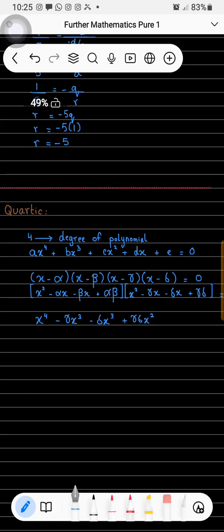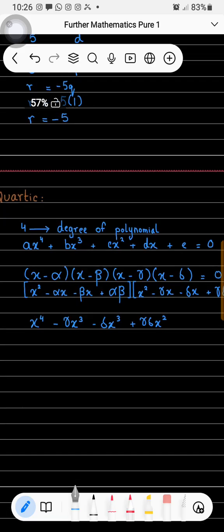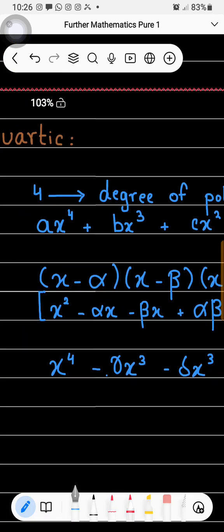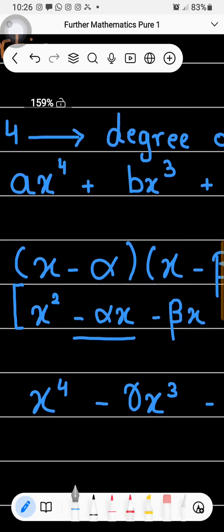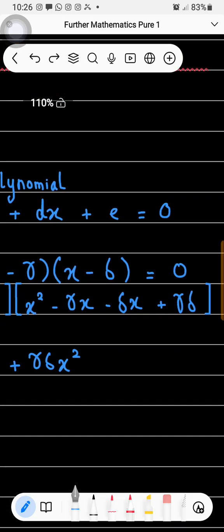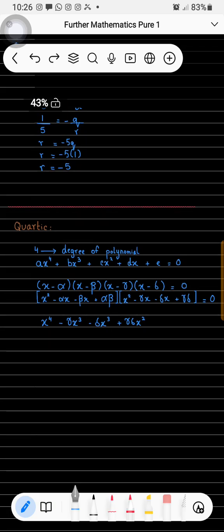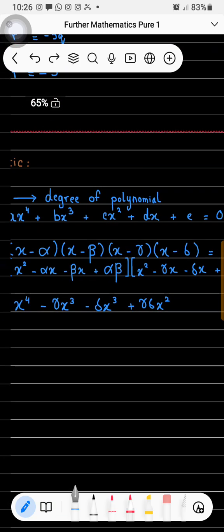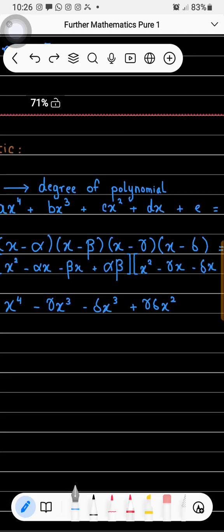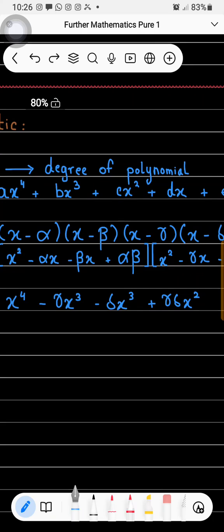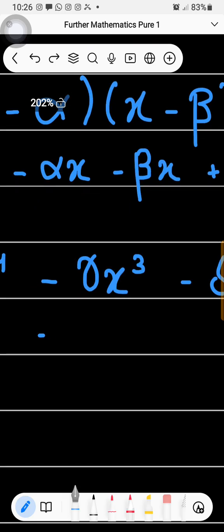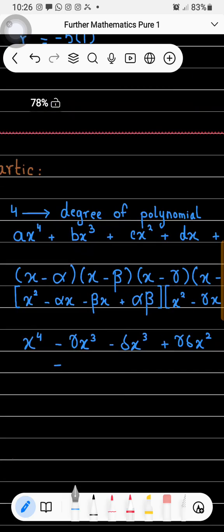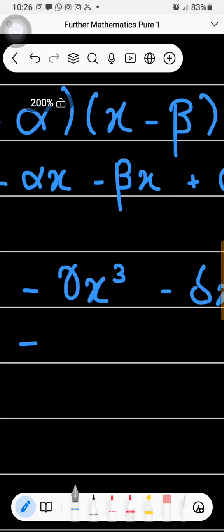Now we will take it step by step, and multiply this term, minus alpha x, with these four terms. Minus alpha x multiplied by x square means minus alpha x cube.